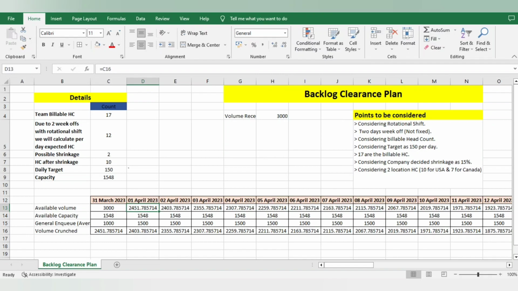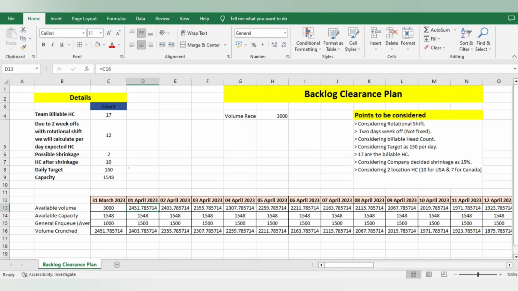Today we came up with an amazing topic that is known as backlog clearance plan. First of all, we will understand what is backlog clearance plan. If you are working as a team leader, and you have employees aligned to you, every day they will go with the production. They will crunch the volume.